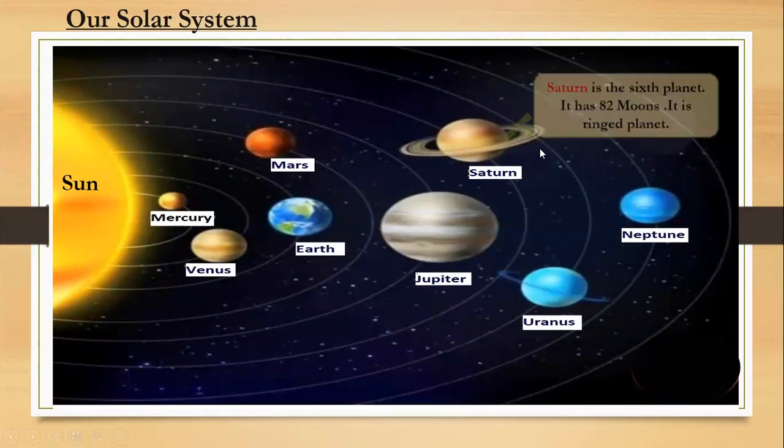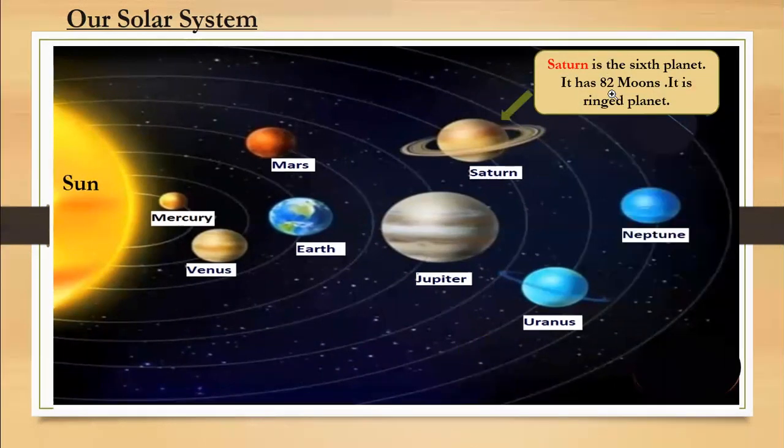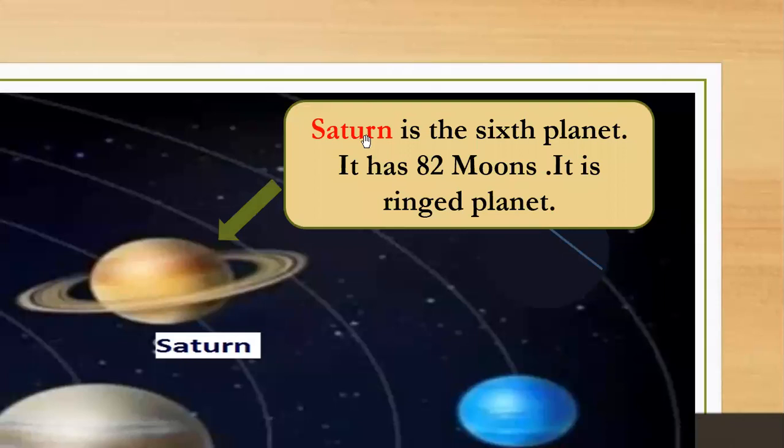The sixth planet is Saturn. What about Saturn? Saturn is the sixth planet. It has 82 moons. Moons is only the plural form of moon and begins with a capital letter.